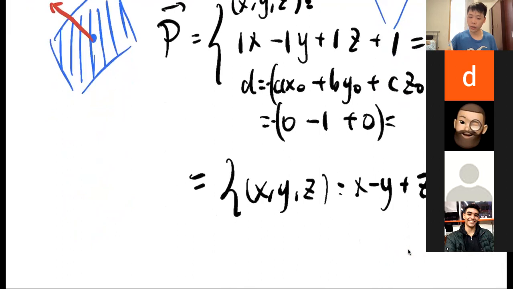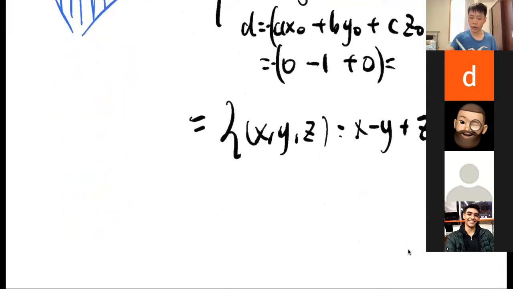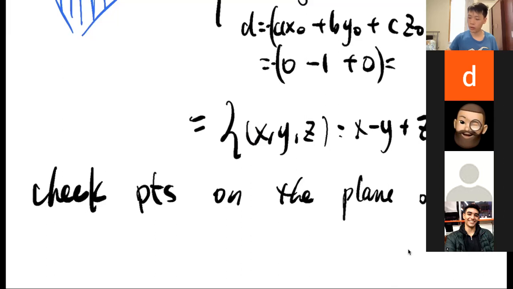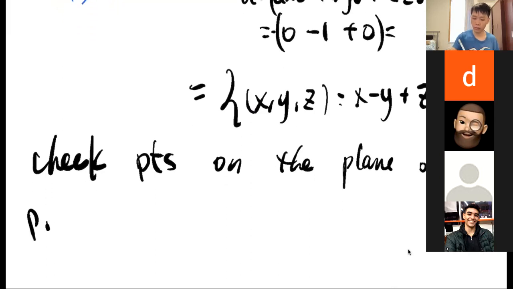So you can check whether or not points are on the plane. Point number 1. Let's say you have (2, -1, 3).